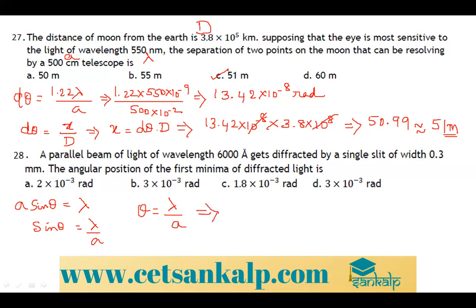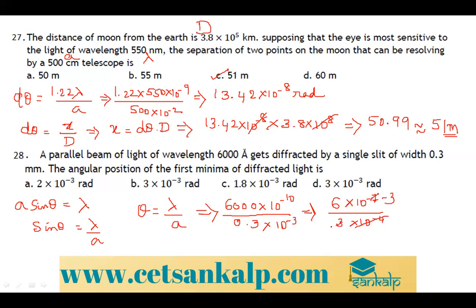What is lambda? It is 6000 into 10 to the power minus 10 divided by 0.3 into 10 to the power minus 3. So on top it becomes 6 into 10 to the power minus 7, divided by 3 into 10 to the power minus 4.